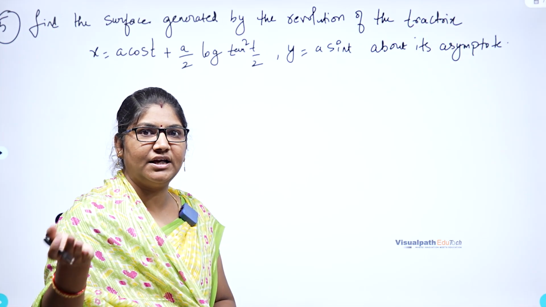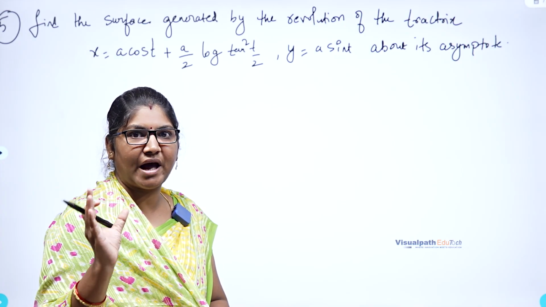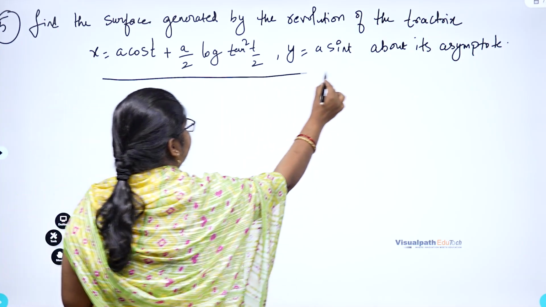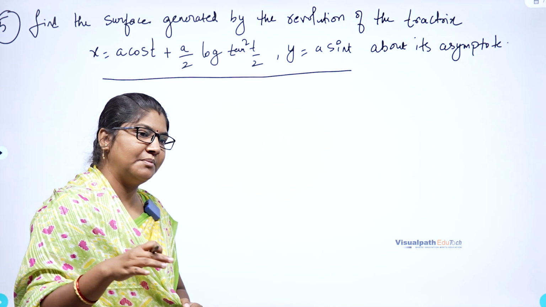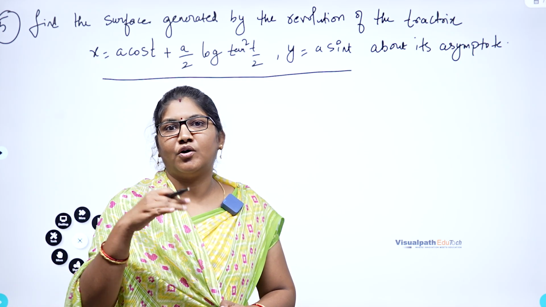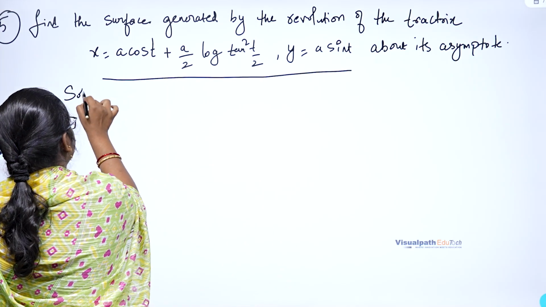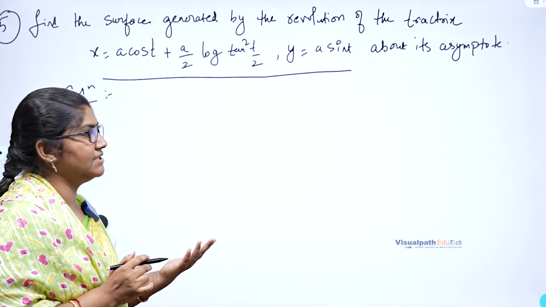Here x and y are given in terms of t, which is called a parametric equation. While entering the problem in our script, we have to write the hypothesis first: what is x and what is y. In the solution, we write given x is equal to and y is equal to.